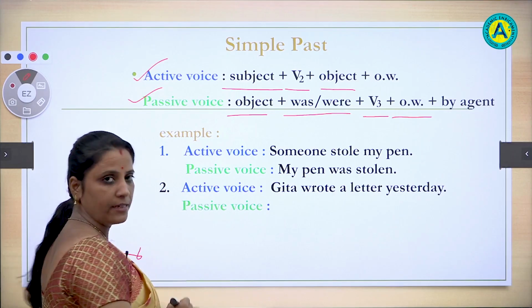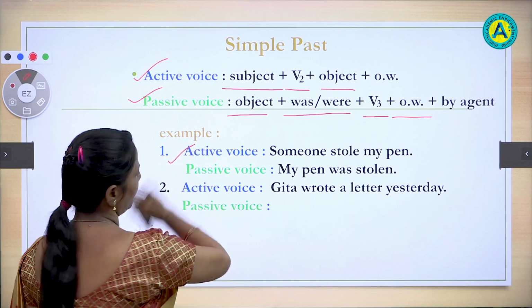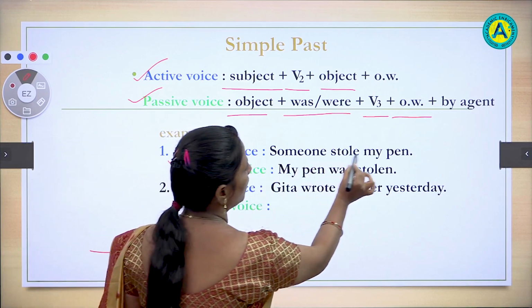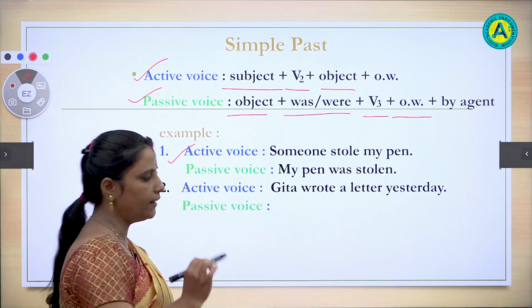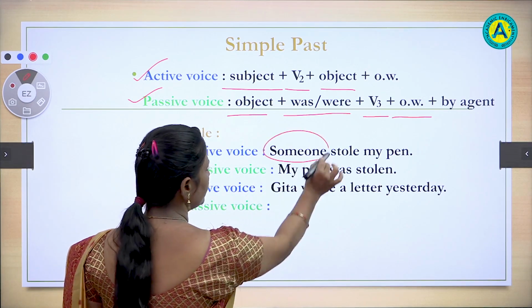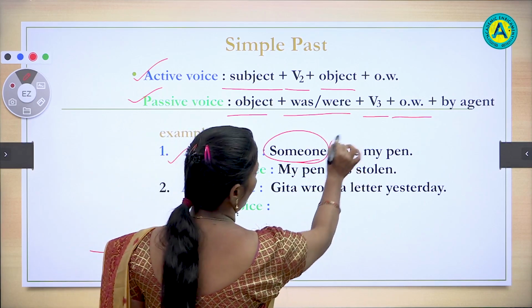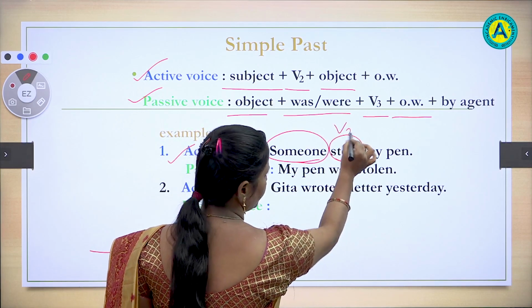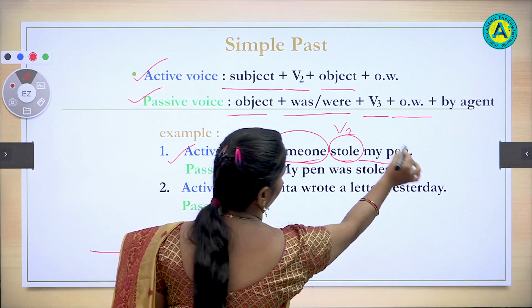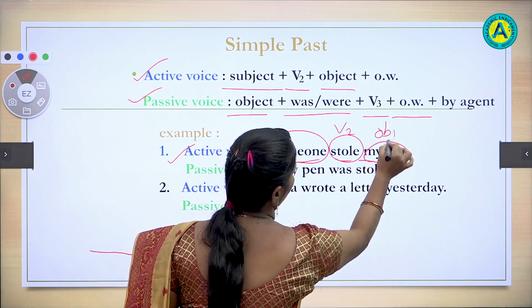Let's discuss some examples. In active voice, someone stole my pen. Here, which is the subject? Yes, someone is the subject. And which is the verb? Stole is verb 2. And my pen is the object.